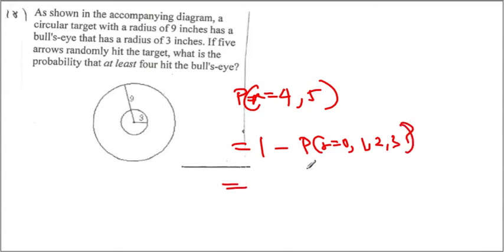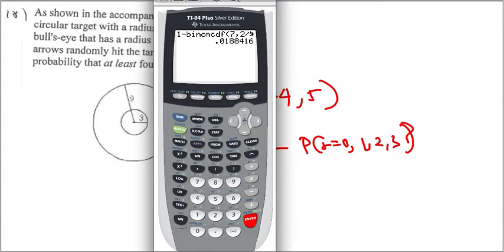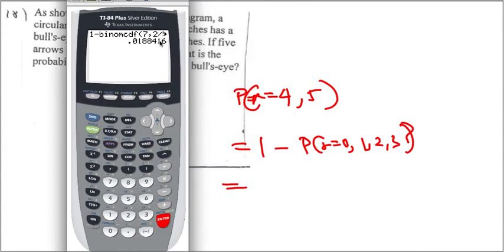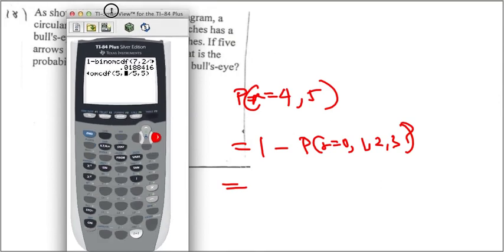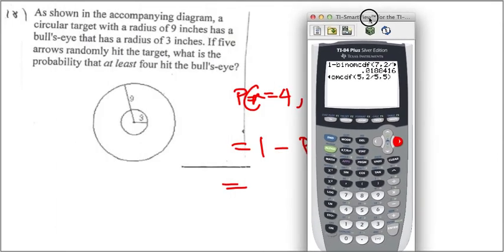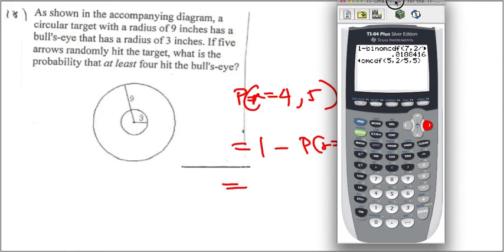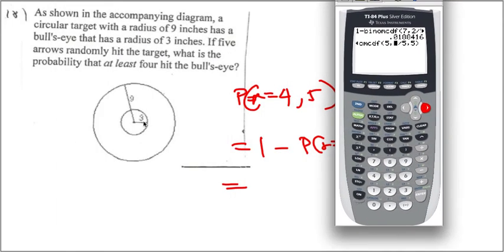Then how do we calculate this one? Once again, going back to the calculator. We're going to just copy this one, so why don't I just retrieve it? And then the answers are basically 5, and then the probability of that event actually happening is right here.